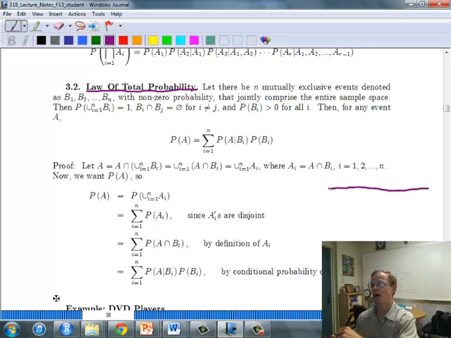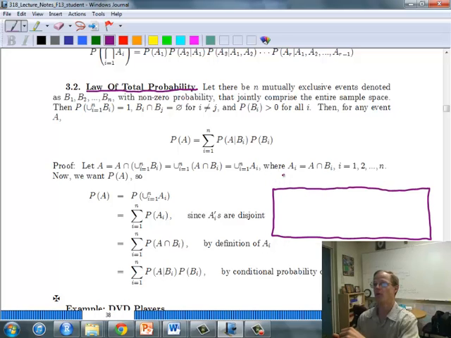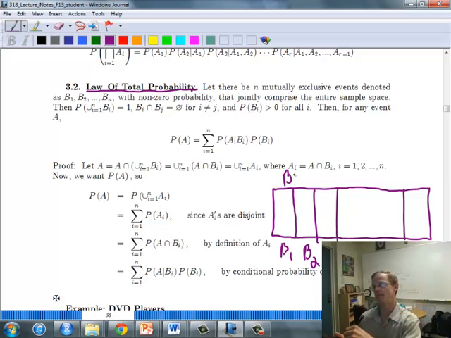I'm just going to draw a big box, which is going to be the event all of B. But I want to distinguish between, let's say, a B1, and let's make a B2, B3, and so on up through event Bn. Okay, that's B divided into n parts.